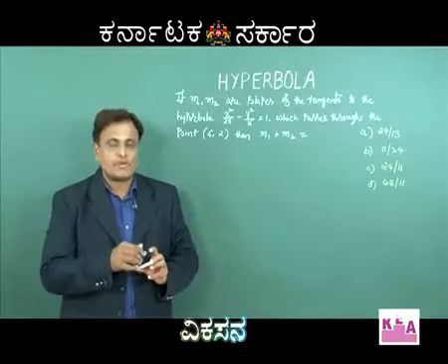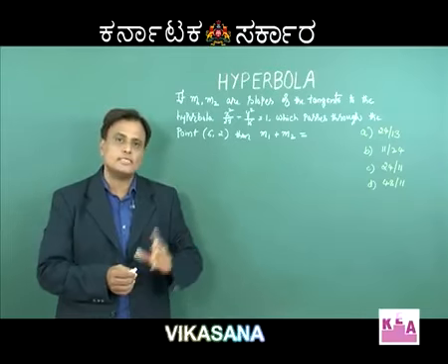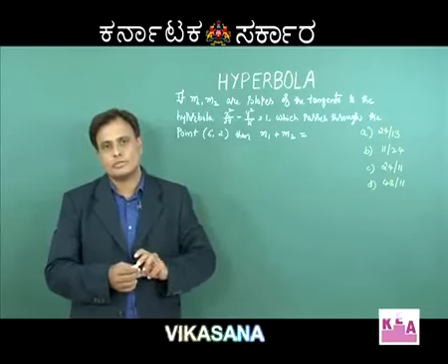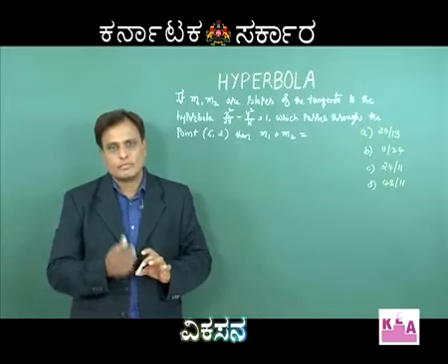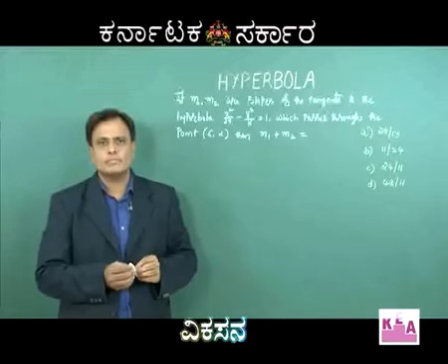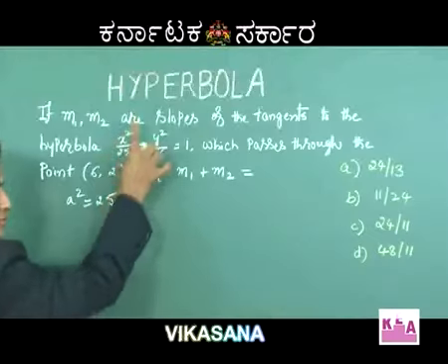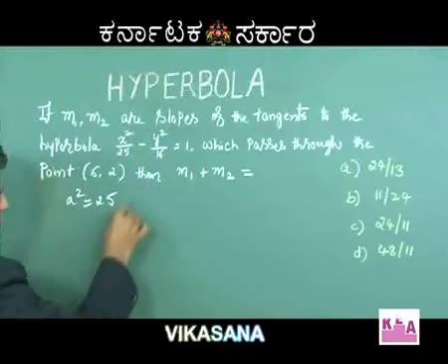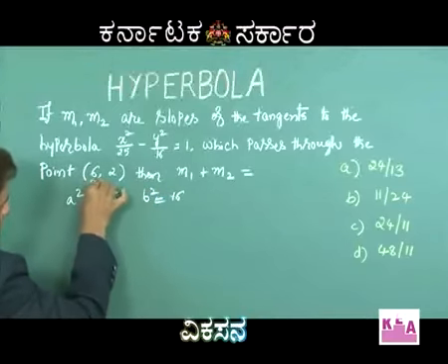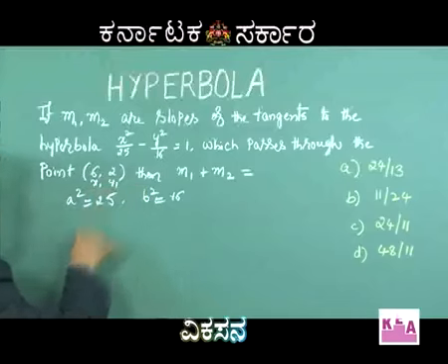Now we have to first find out the slopes of both the tangents and then add them. Either you have to use applications of derivatives to find the slope, and it takes a lot of time. For this hyperbola, a square is equal to 25, b square is equal to 16. Take the given point as (x1, y1).